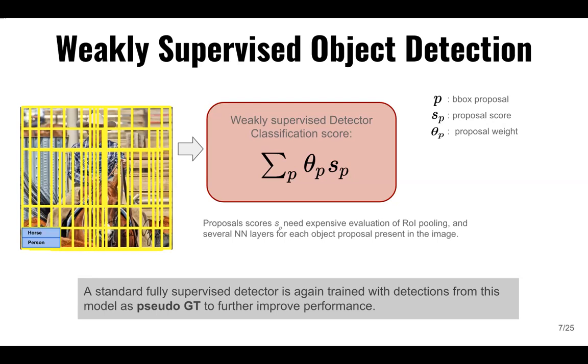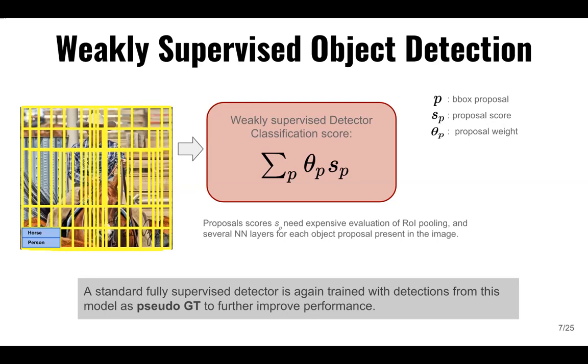They'll be of various scales and aspect ratios, and this is usually obtained using techniques like selective search and EdgeBoxes, etc. So finally, what you have is proposals all over the image, thousands of them, and then you have to do an expensive ROI pooling evaluation at each of these locations, and then sum up their scores, and finally get the class score for each class present in that image. And then you optimize this with the classification loss.